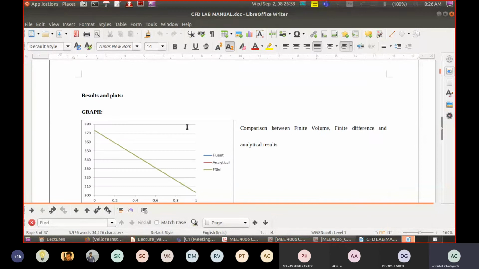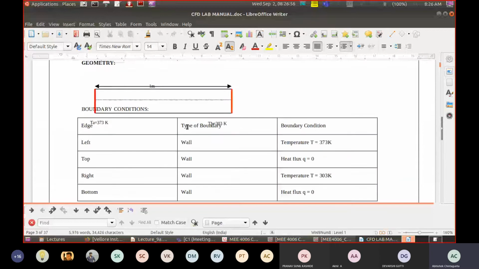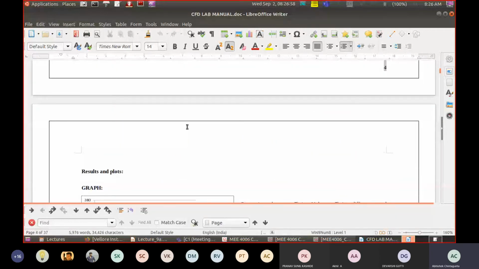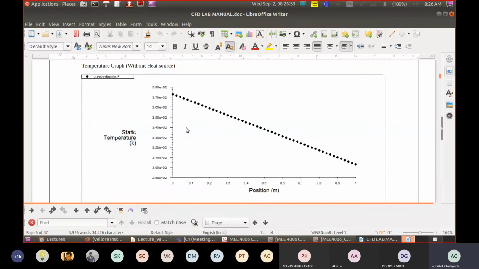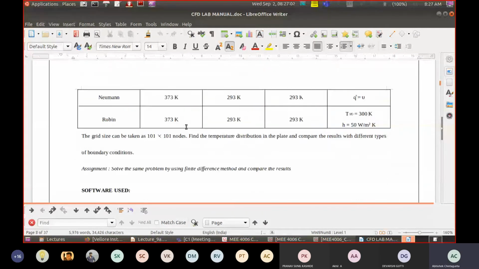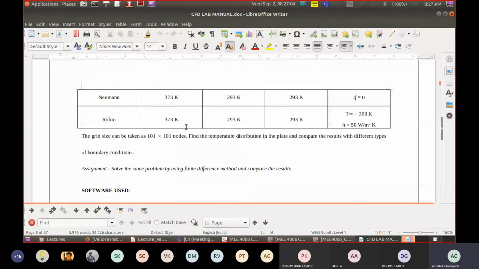So you write what you have learned throughout this full process. This is a badly written copy that I have from the lab, but this is one reference that you can look at. So you do the same thing. If you have any questions, just send me an email and I can give a clarification.